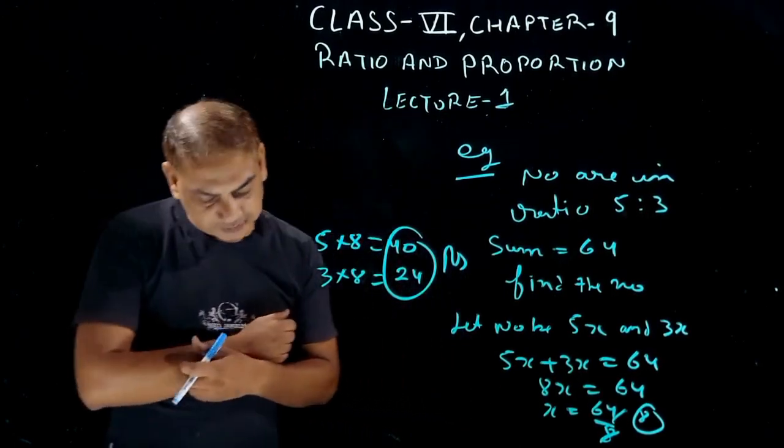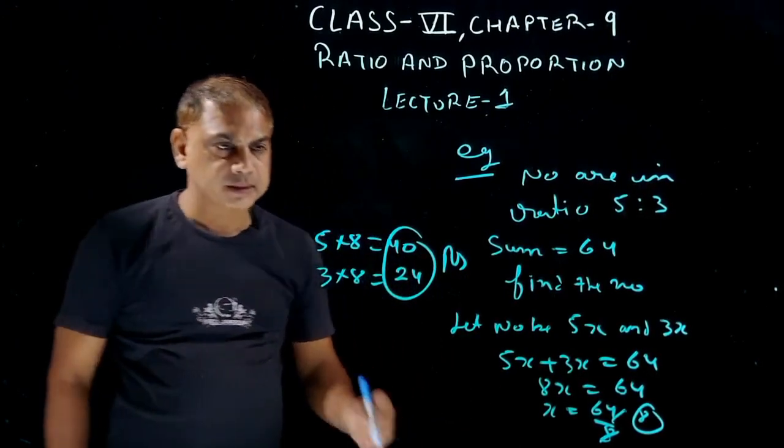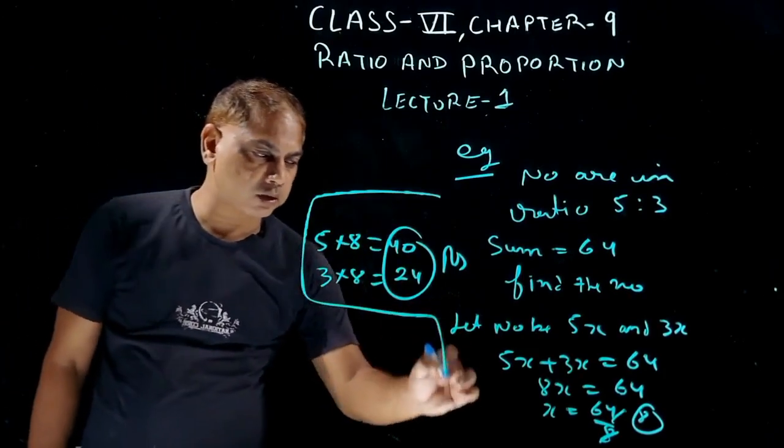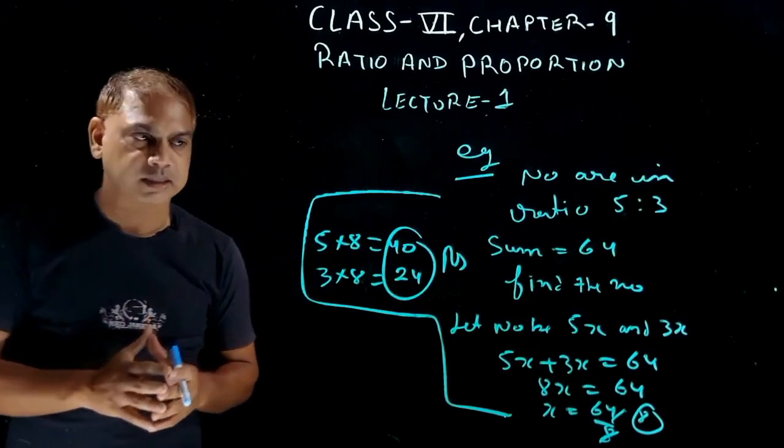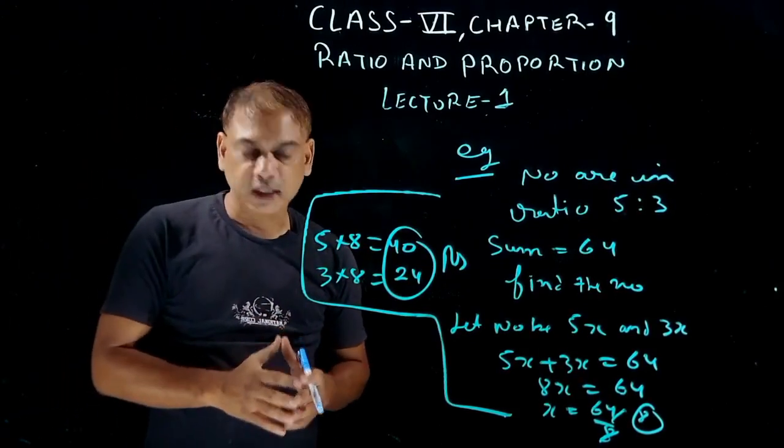Now one more type of example, divide rupees. These are important beta, all these examples are important and many questions are based on these examples in your exercise. So do understand them carefully.